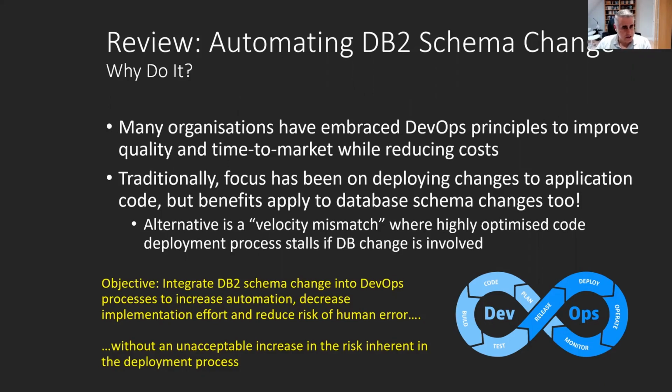So we need to keep those checks and balances in place to make sure that although we are automating a lot of this and increasing the cycle times and delivering these changes more efficiently, we're not doing that at the cost of lots of poor schema change going into production and making our applications perform poorly or unstable.